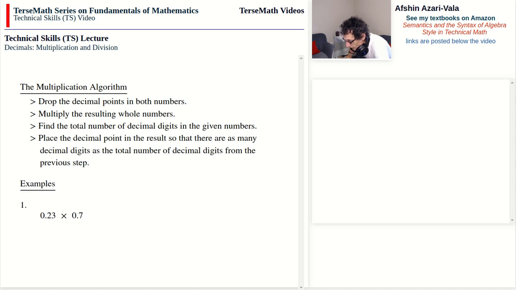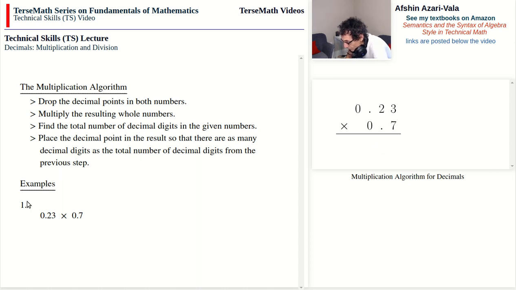Okay, example 1, 0.23 times 0.7. On the right side, I have 0.23 times 0.7. Step 1 says drop the decimal points in both numbers, and therefore we end up with 23 times 7. Step number 2 says multiply the resulting whole numbers.